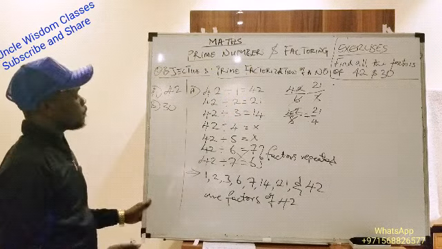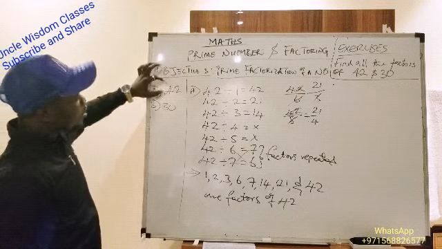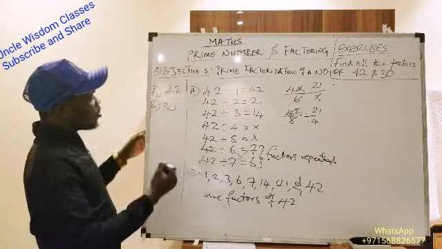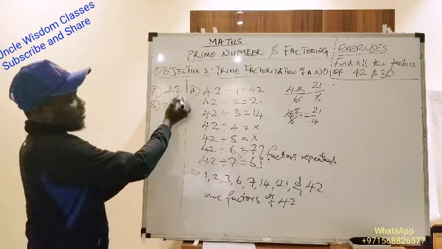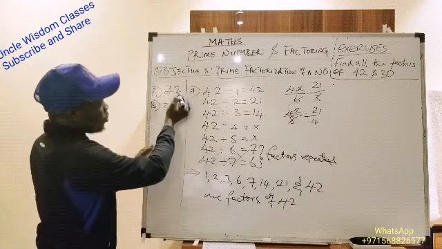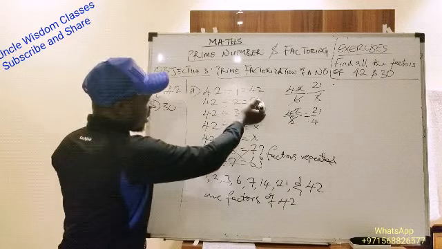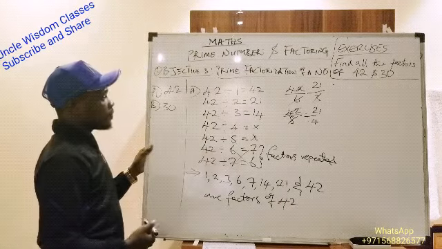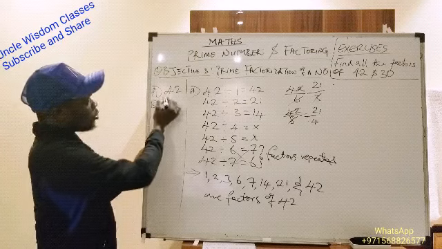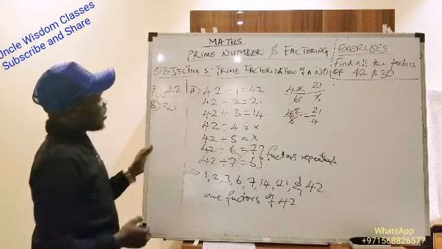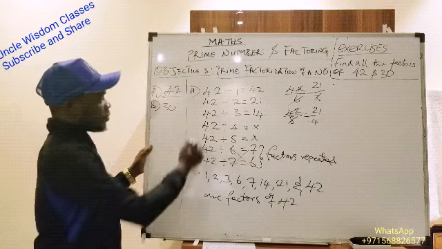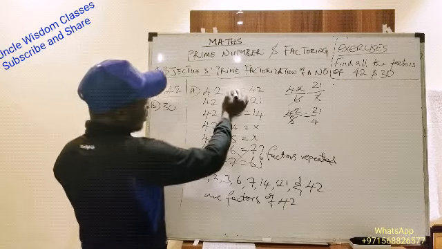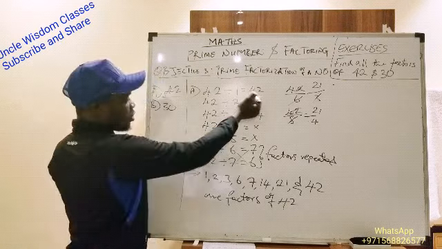I repeat, factors of 42 are those numbers that when you divide 42 with them, you get a number without remainder. So for you to find the factors of 42, you start from the least number. 42 divided by 1 will give you 42.